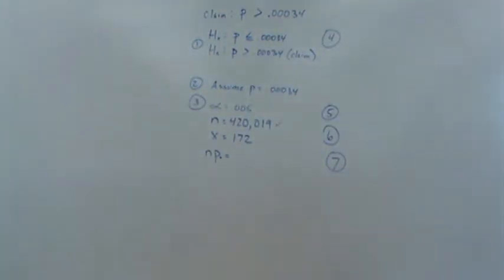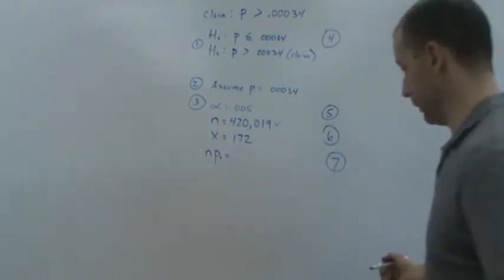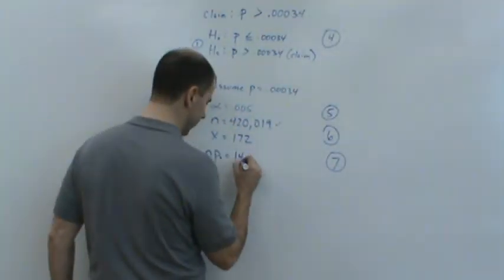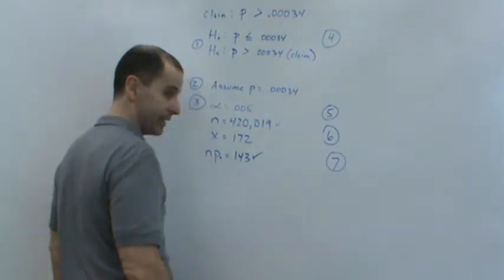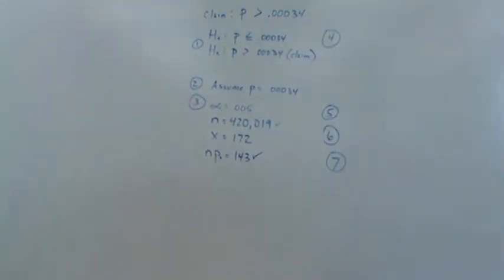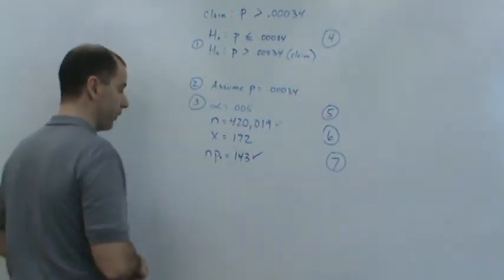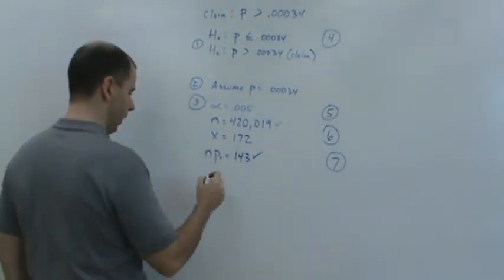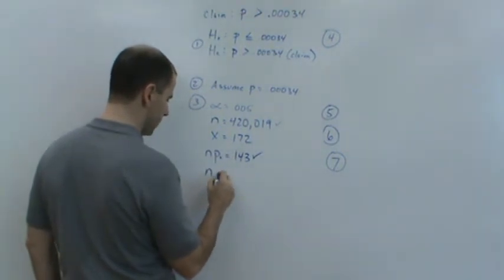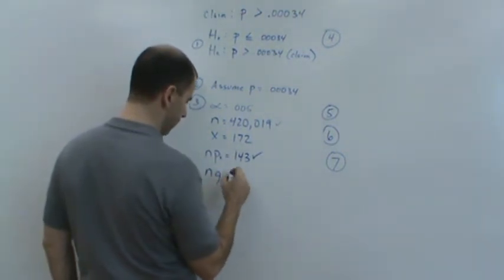If I take 420,019 times 0.00034, I get approximately 142.8, so 143. So I get 143, which is definitely bigger than or equal to 10 or 15, okay? And then if you subtract that number from this number, that number definitely is bigger than 15 too. So n times q hat is definitely bigger than 15.